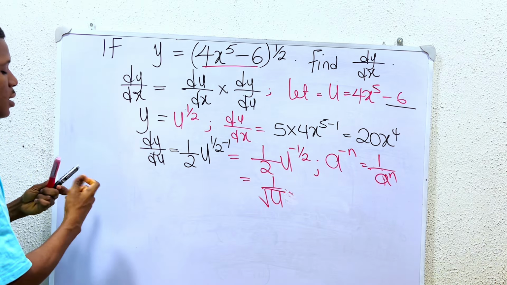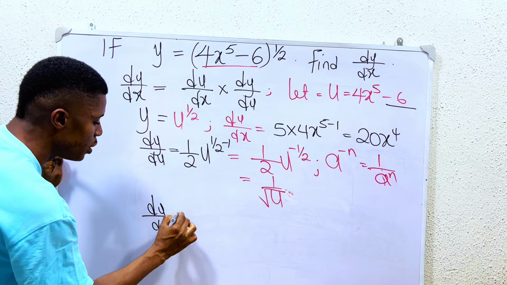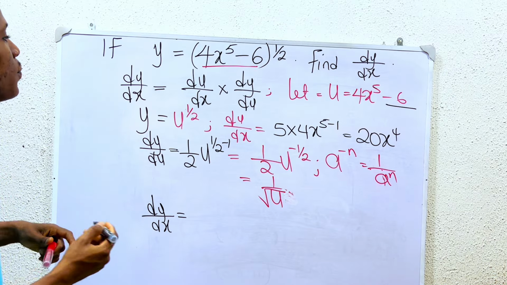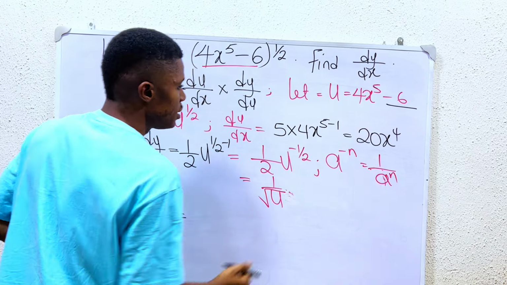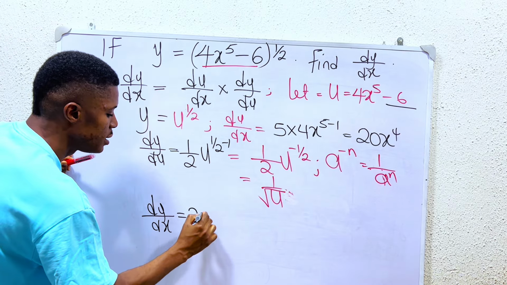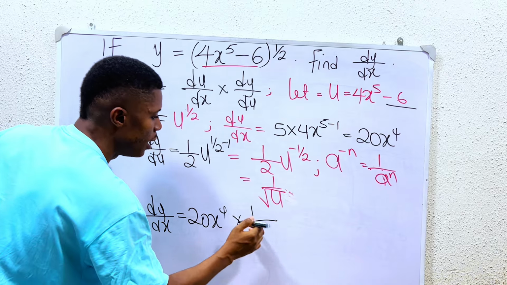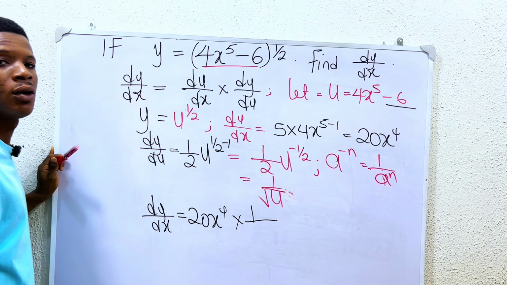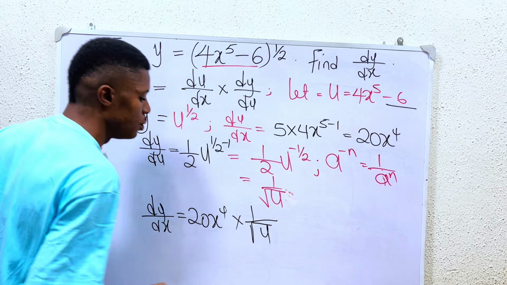So you can now see that differentiating y with respect to x will now be equal to, we've said du/dx, differentiating u with respect to x is 20x^4, multiplied by dy/du, 1 over the square root of u.